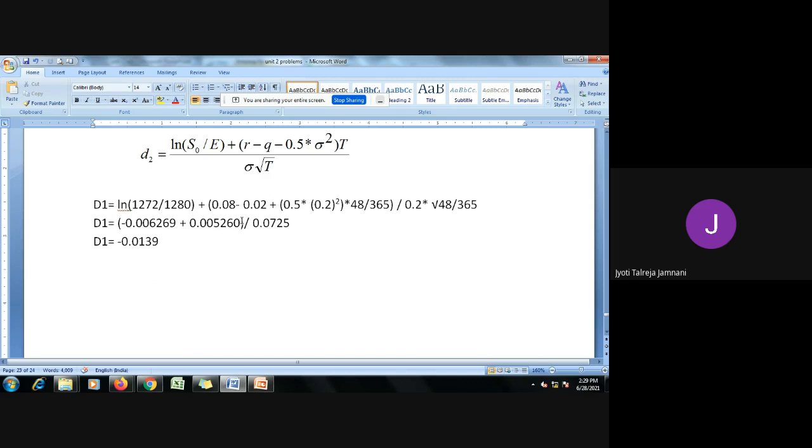We get 0.01052. Now we'll solve and see. Minus 0.006269 plus 0.01052.